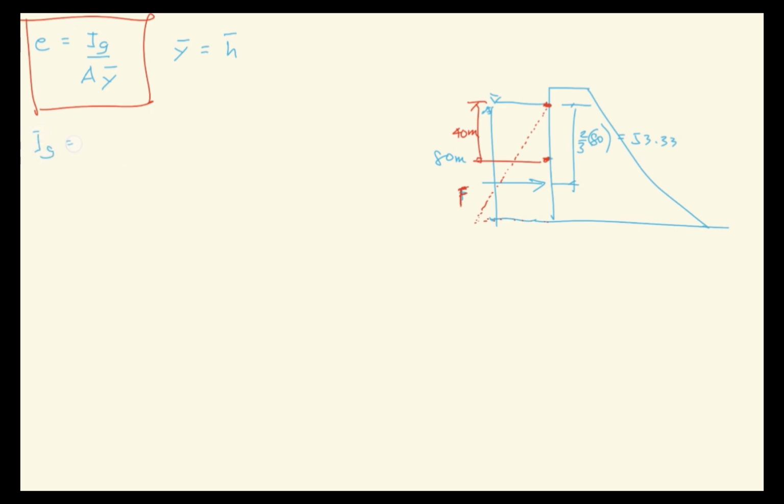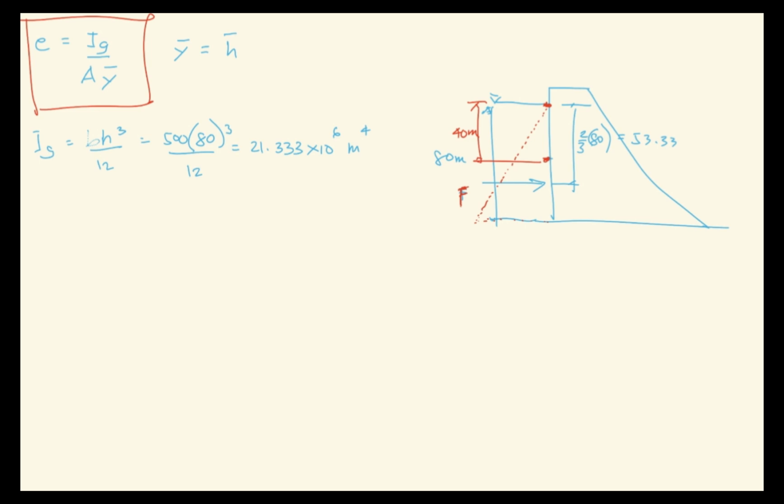So I sub G is the moment of inertia of the submerged area, which is BH cubed divided by 12, in which the width of this dam is said to be 500 meters. 80 cubed divided by 12. Okay. So we have 21.333 times 10 to the 6th power meters to the 4th.